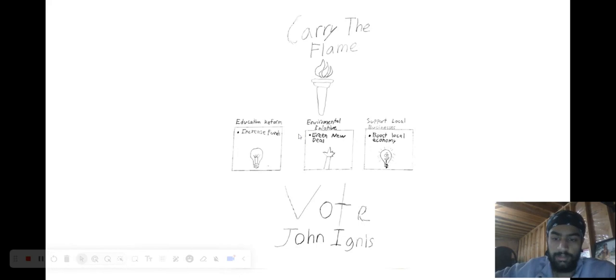At the bottom here, I have essentially initiatives and policies that I think would appeal heavily to liberal voters, because I would say that liberals tend to be much more forward thinking, a bit more progressive, and for them, I think policies such as educational reform is a good thing, because if you look at most liberals, I think they care a lot about education.